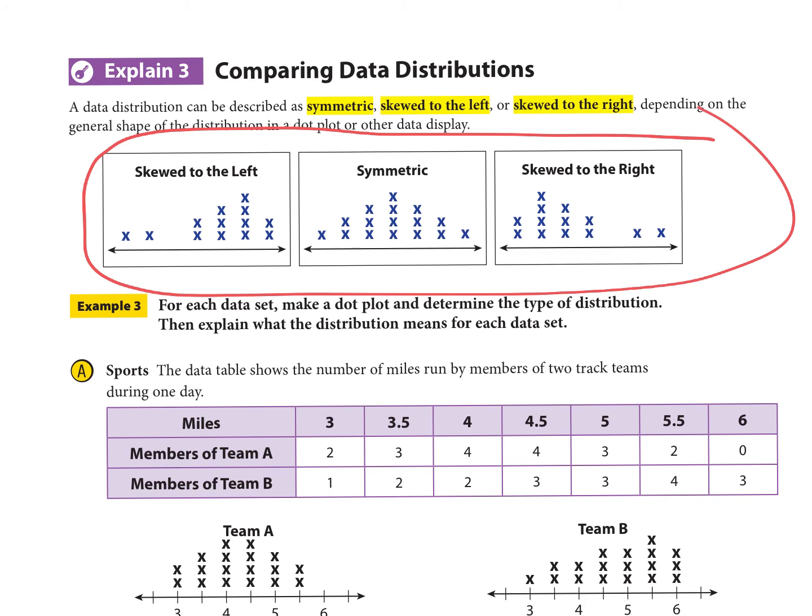It seems kind of obvious. This one's skewed to the left because everything is bunched up on the right-hand side. This one's skewed to the right because everything's bunched up on the left. Symmetric would be the big group is right in the middle, so it looks kind of like a parabola going down, and you could split it right down the middle.